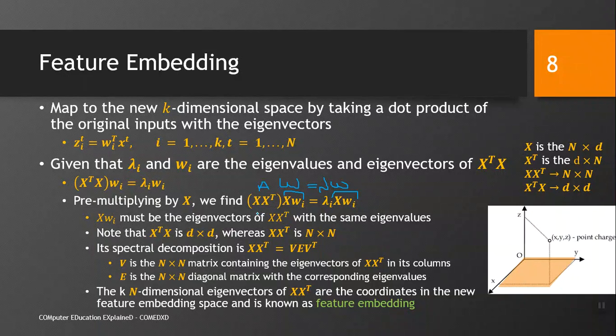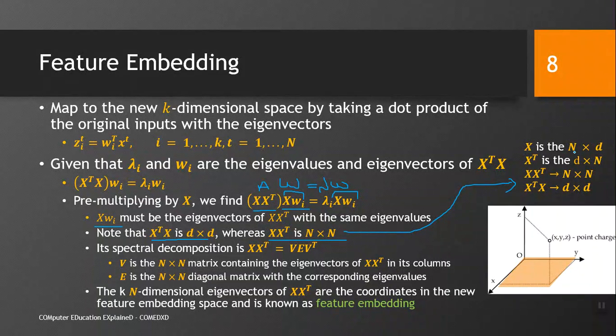So here we can consider it as A, x into x transpose, as x into Wi as the eigenvector. The dot product of these two would provide us the eigenvectors. This must be the eigenvectors of x x transpose with the same eigenvalues. Note that x transpose x is d into d dimension, whereas x x transpose is n into n dimension. How is that? This point is clear with the help of these equations.